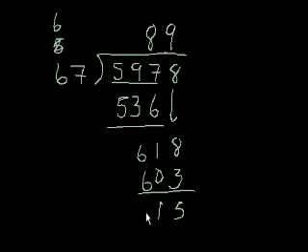And 6 minus 6 is 0. So now we have a remainder of 15, which is smaller than 67. So I'm not going to teach you decimals right now, so we can just leave that remainder. So what we could say is that 67 goes into 5,978 89 times. And when it goes into it 89 times, you're left with a remainder of 15.